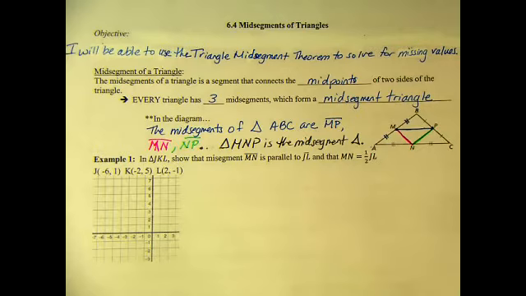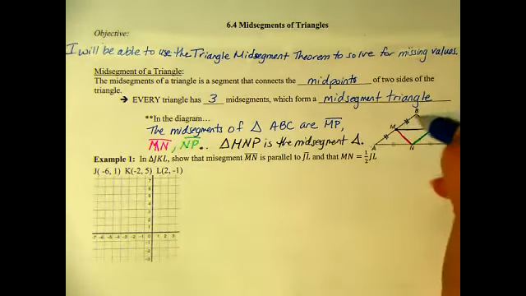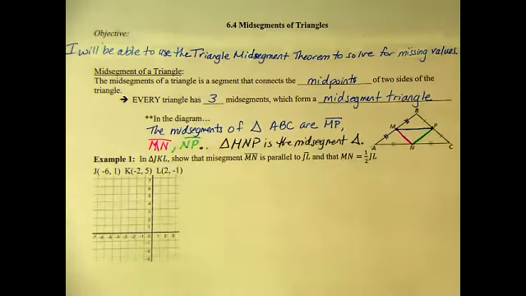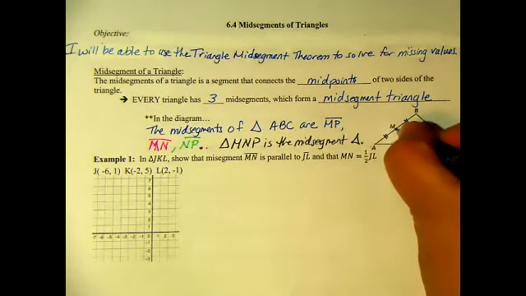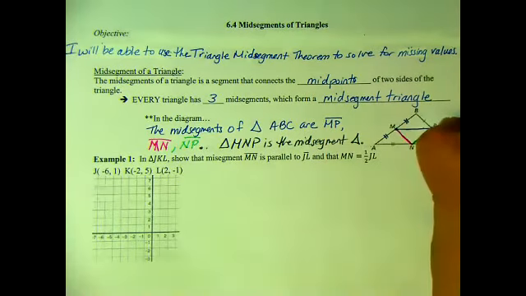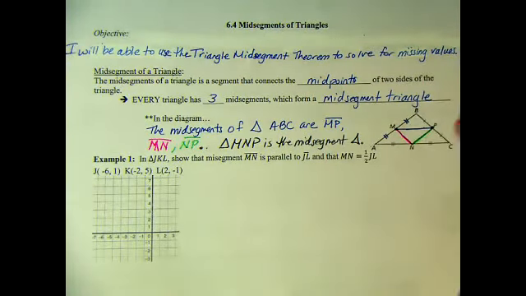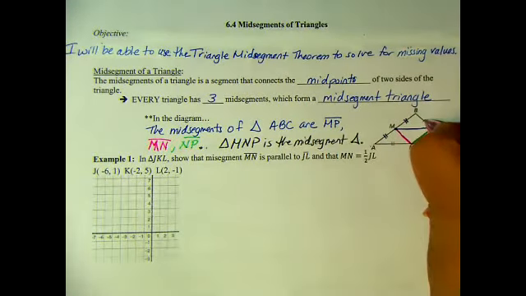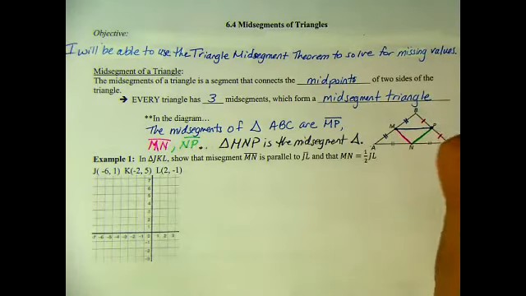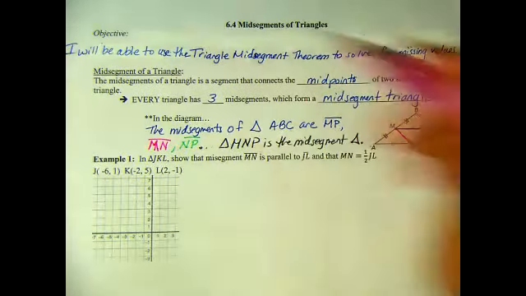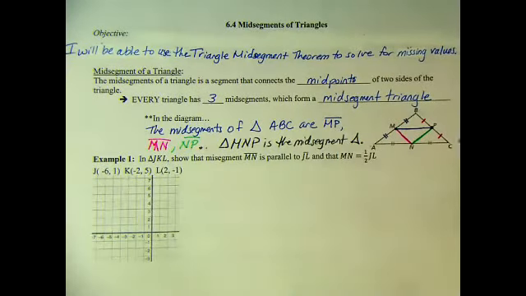It's the middle, cutting it in half, so AM and MB have the same measurement. And if MP is a mid-segment, then P is the midpoint here, so BP and PC are congruent because P is the midpoint of BC.